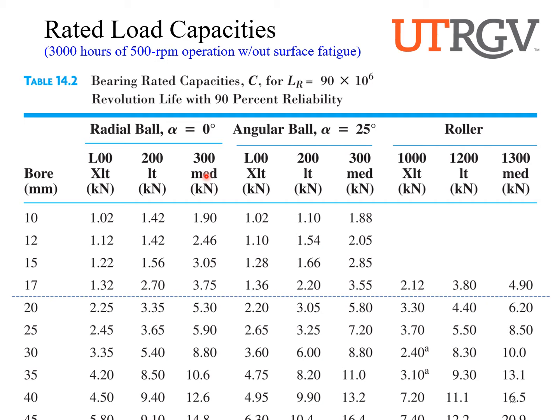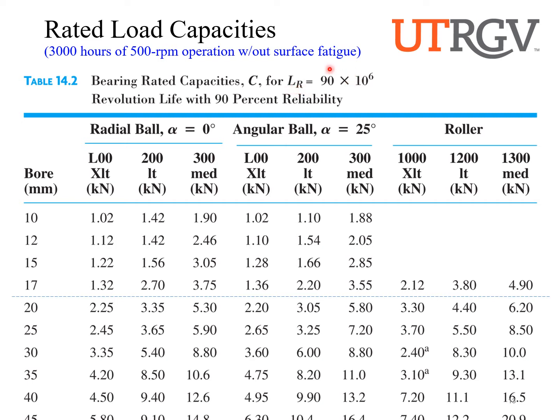I do want to point out, I don't want to forget this one, that these rated capacities are going to be good for 90 times 10 to the 6 revolutions, right? So notice LR is what we call the rated life of the bearing.